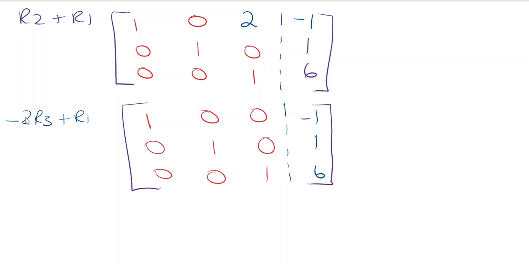And then we have -2 multiplied by 6 is -12, -12 minus 1, this becomes -13.